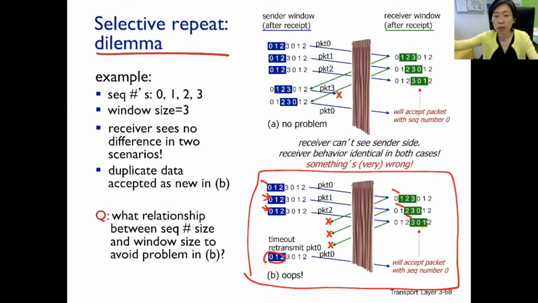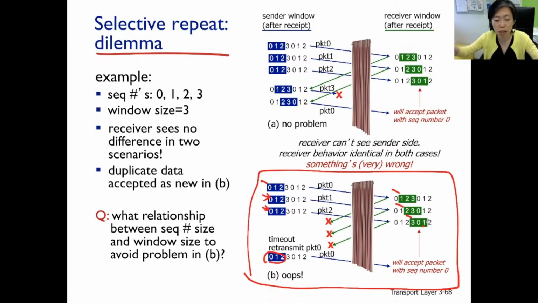If you want to make sure that none of the packets still in the sending window will be confused with the packets in the receiving window, what do you need to do? Isn't it obvious? The sequence number, make sure that the space is larger than 2 window size, right? Then, hey, packet sequence 1 will never appear again in the next window, in the receiver's window.